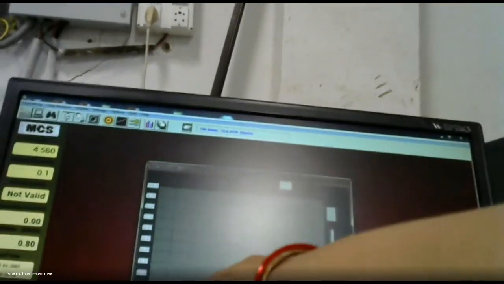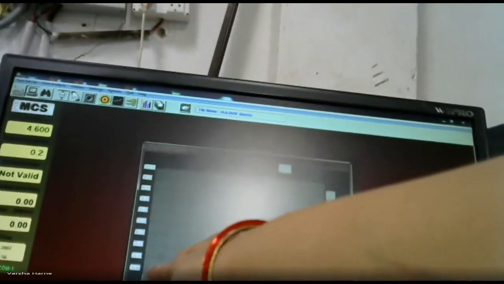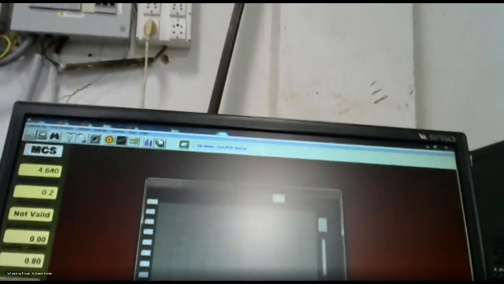Now see here, the displacement is 0.4, so the graph is automatically changed.